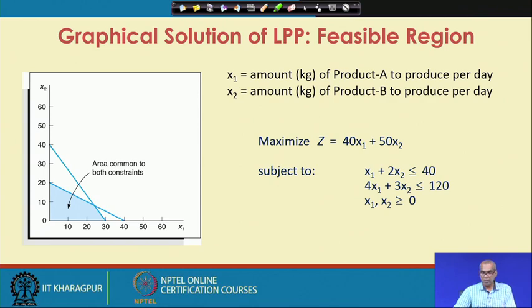So, the non-negativity constraints x1 greater or equal to 0 and x2 greater or equal to 0, and the two constraints will together determine the feasible region as shown in the shaded region in the figure.